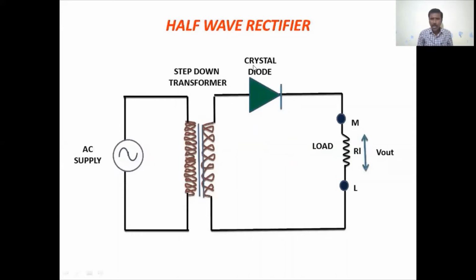This is the symbol of a diode, which indicates the positive terminal and the negative terminal of the diode. It is connected to a load resistor, RL, the terminals of the load resistor. From these terminals of the load resistor, we can gain the output voltage.